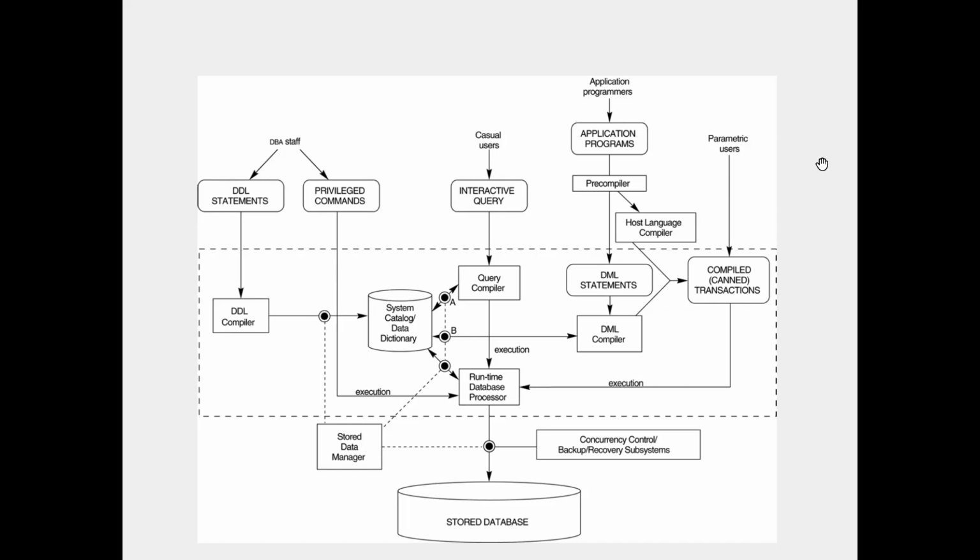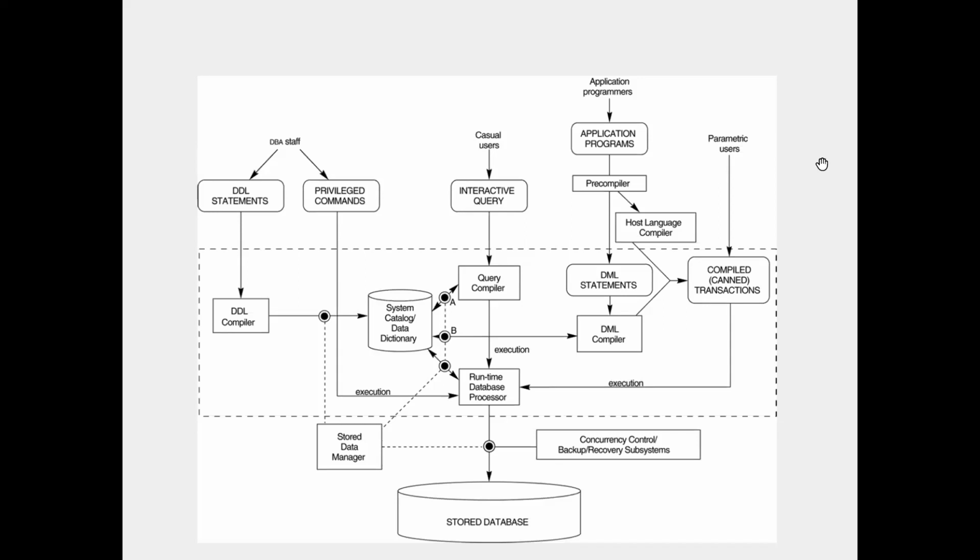So they might sometimes have privileged commands. Casual users, in another way, can use interactive queries. And those who program can use application programs, for example, we can access the data using a Python program or a Java-based program.